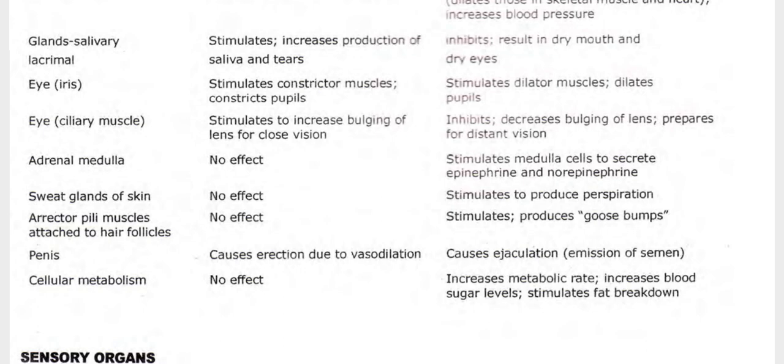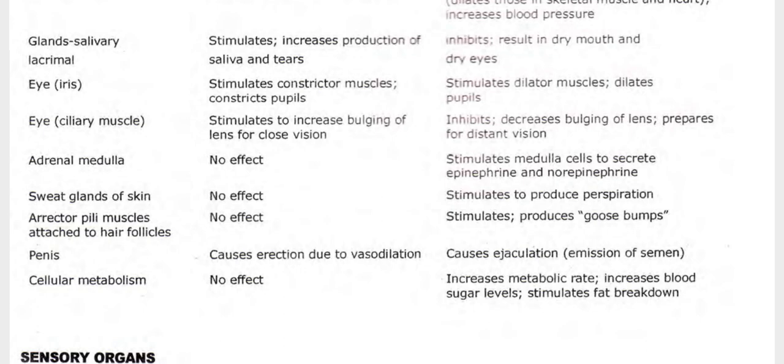Then adrenal medulla: no effect, versus stimulates medulla cells to secrete epinephrine and norepinephrine. Then sweat glands of skin: no effect, versus stimulates to produce perspiration. Then arrector pili muscles attached to hair follicles: no effect, versus stimulates to produce goosebumps.